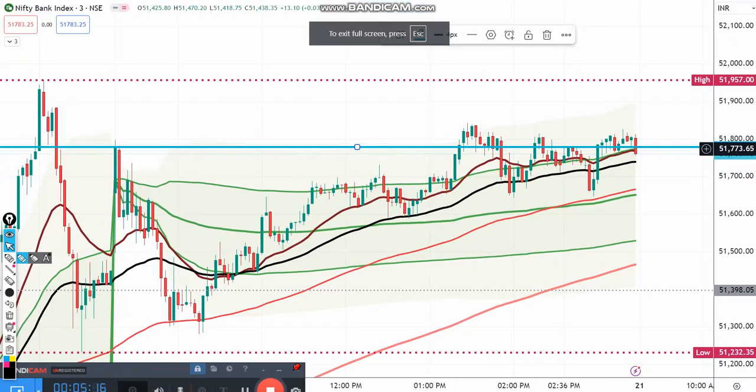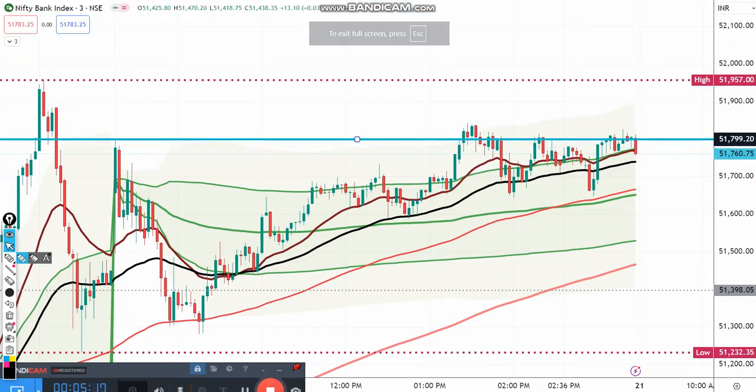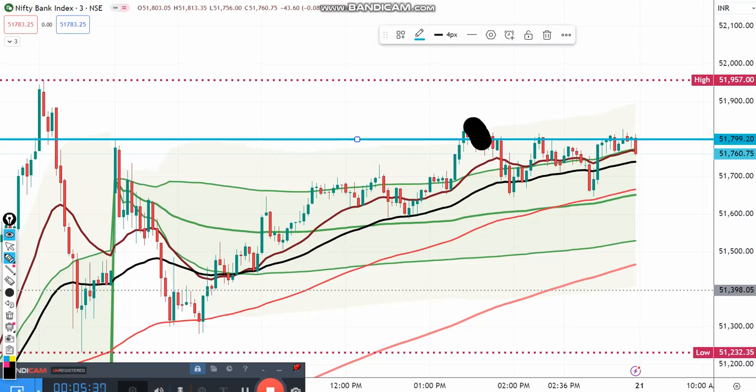This was the starting point. This was the high when the market started after a gap up opening. So the market crossed the high here, the high made in the morning when the market opened with the gap up. It crossed the high. It went up until this point and it came back again.